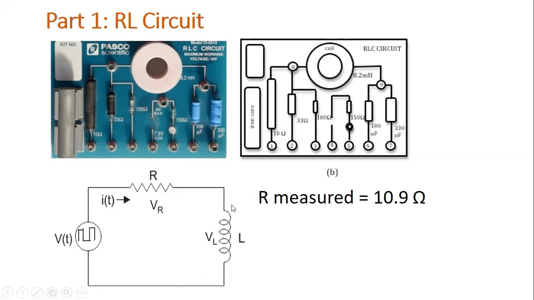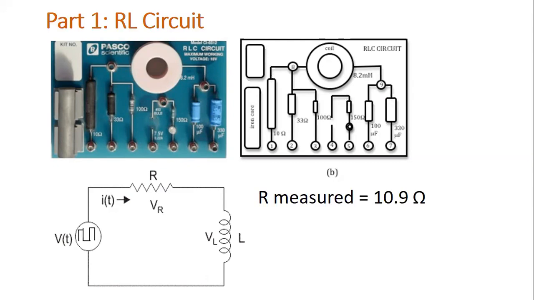We will be connecting these two pieces, the resistor and the inductor, to the Pasco interface, and we can analyze the variation of voltage across them using the Pasco Capstone program. We are using the same Capstone file as we used earlier.